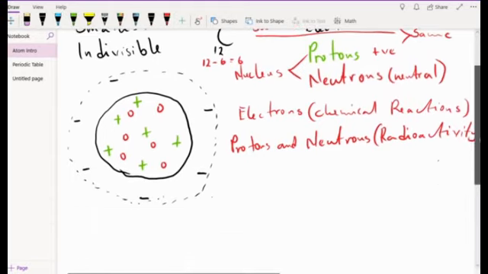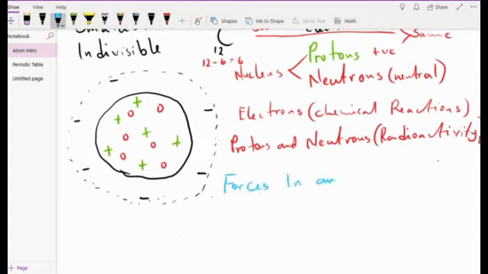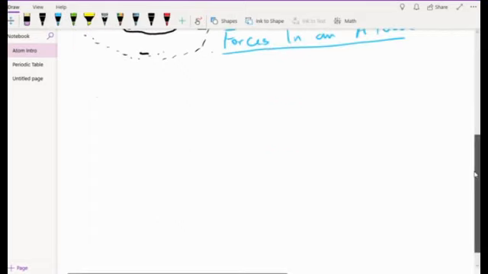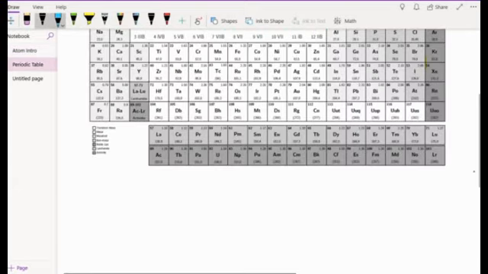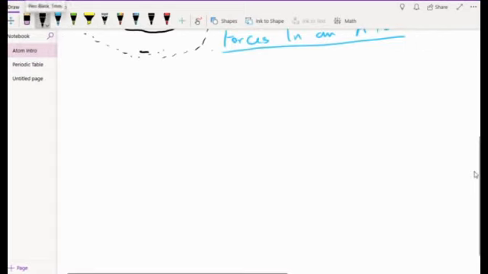Okay, so now there are 3 important forces that exist within an atom. Forces in an atom. Okay, let's draw another atom. Let's make it much bigger this time. Let's use the atom of carbon.